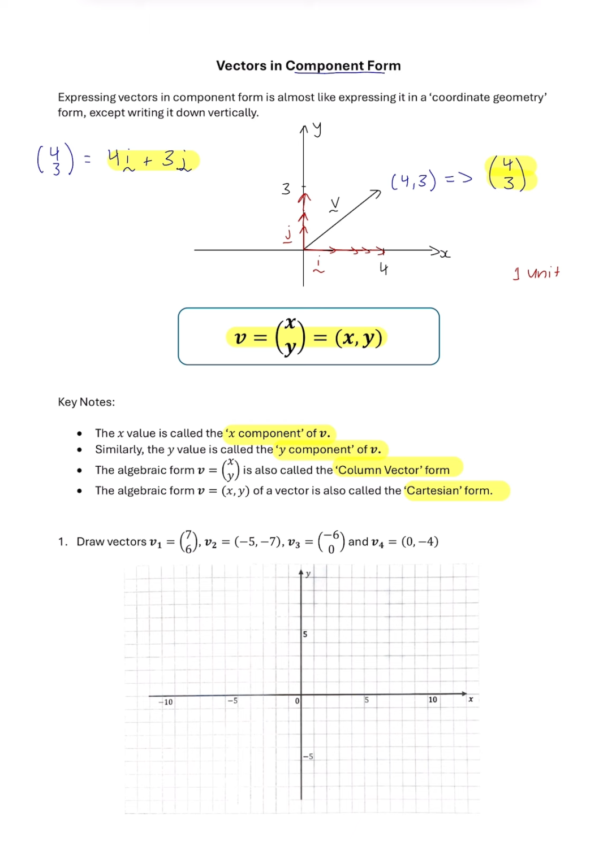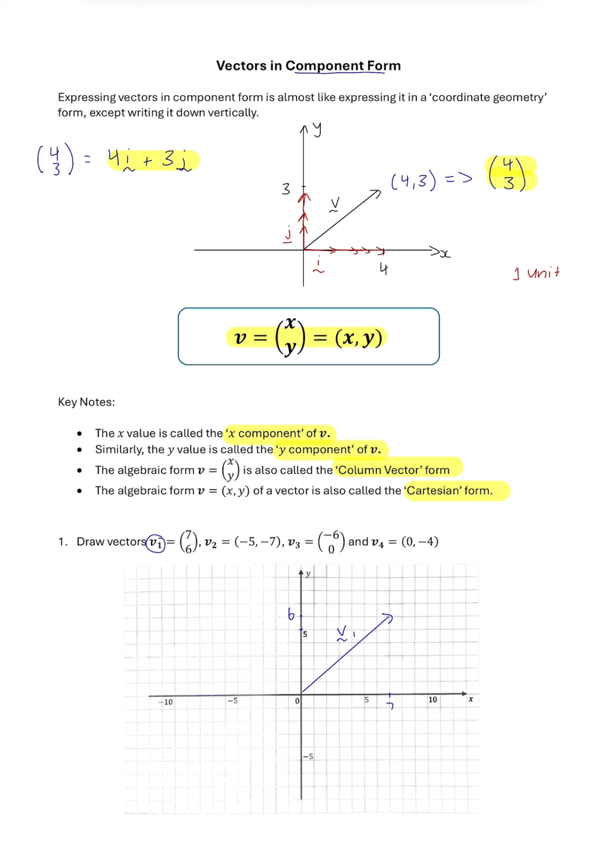So for example, let's look at question 1, and we want to draw our first vector, which is vector 1, and it's 7, 6. So I'm going to go to the Cartesian plane. I'm at 7 and I'm at 6, and I'm going to draw my vector from the origin to that point there, and we'll call this vector 1.